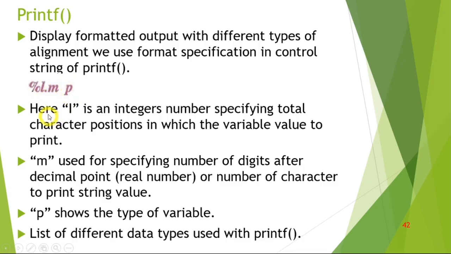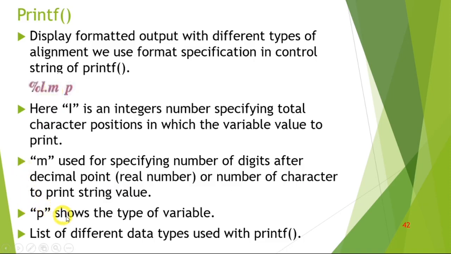Here i is an integer number specifying the total character positions in which the variable value is to be printed, left, right, center, whatever. m is used for specifying the number of digits after the decimal point. This is used for decimal numbers. i is for integer. And p is for a real number, or the number of characters to print for a string value. Here you will give 4, whatever.